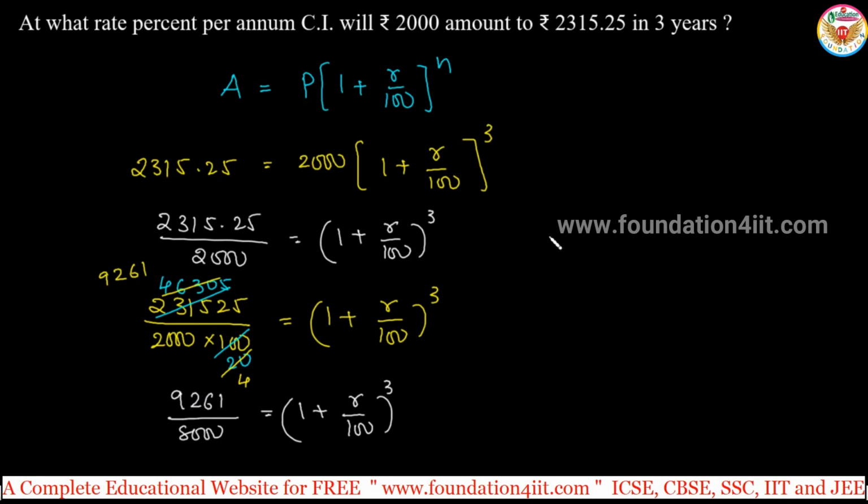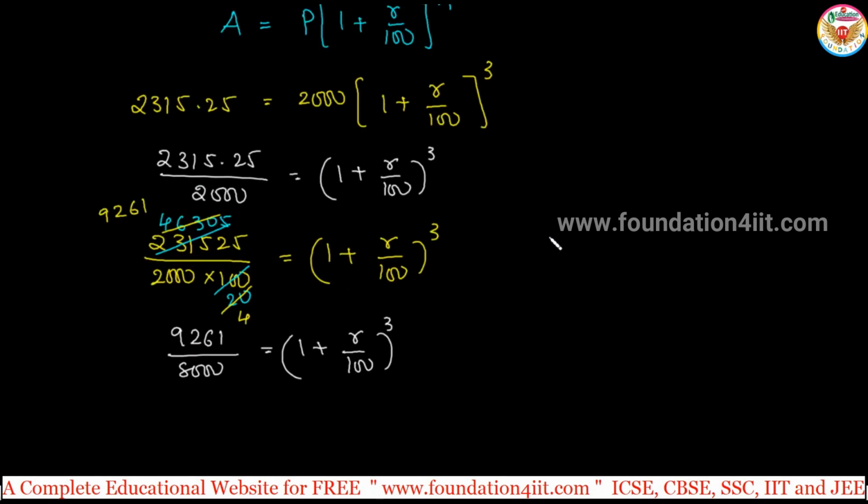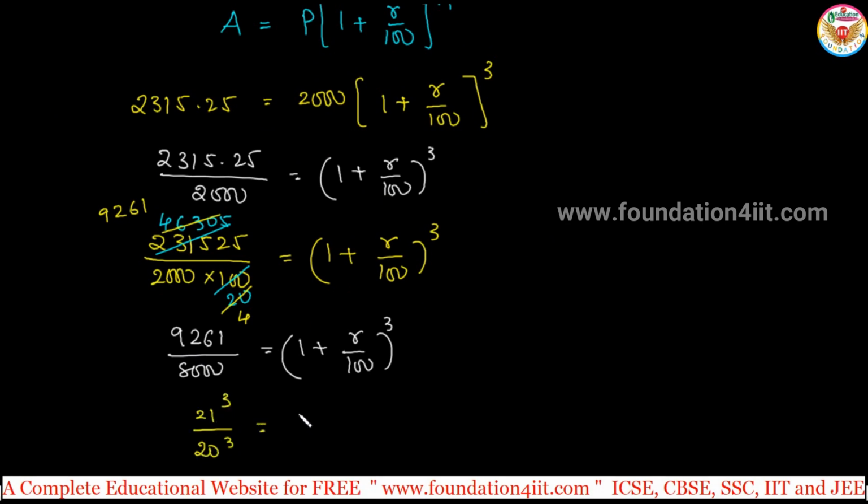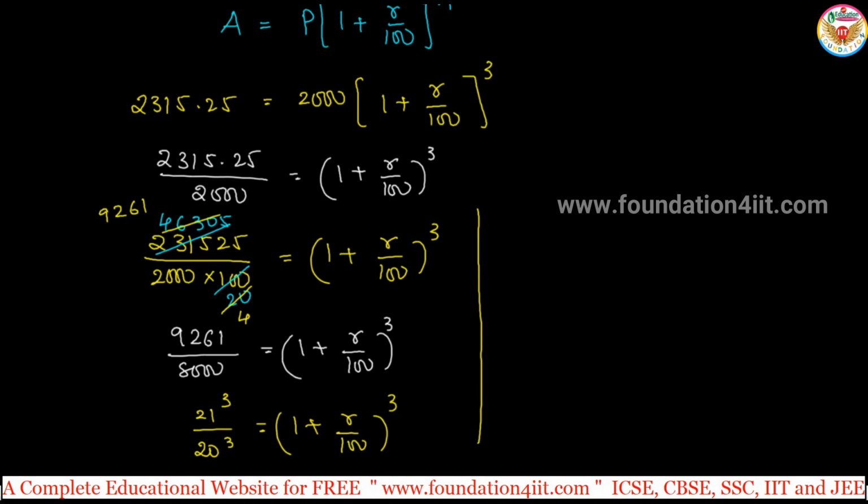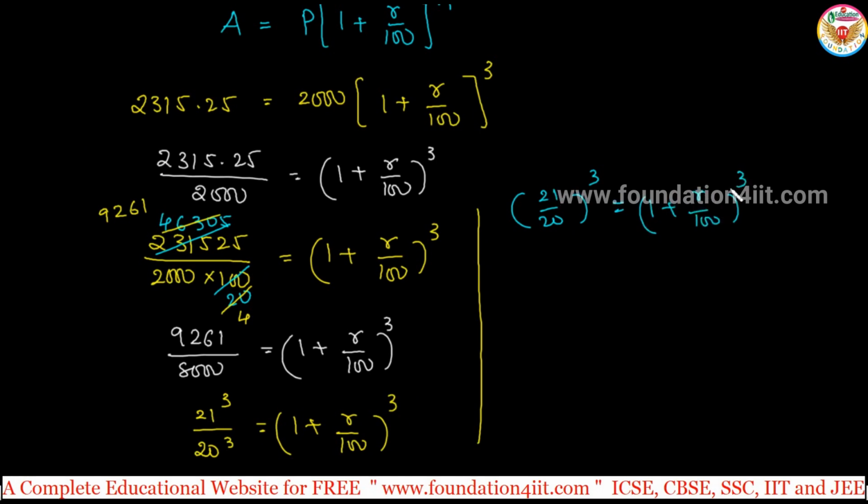Randomly checking that process. So now we can write 9261 as 21 cube by 8000 as 20 cube is equal to 1 plus r by 100 all to the power 3. So after getting this, 21 by 20 all to the power 3 is equal to 1 plus r by 100 all to the power 3.